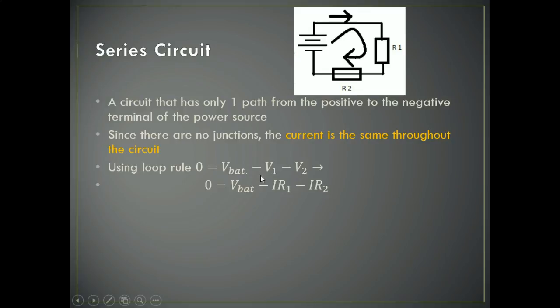Okay, so now I'm just going to move both of them to the other side, so I moved these two over and made them positive. And then instead of calling it voltage of the battery, I also replaced it with IR, but I called it R sub equivalent, the equivalent resistance.